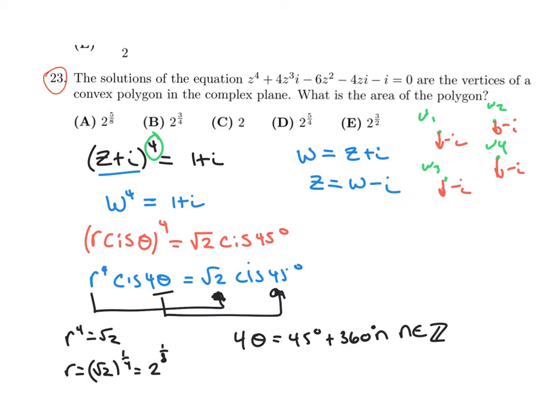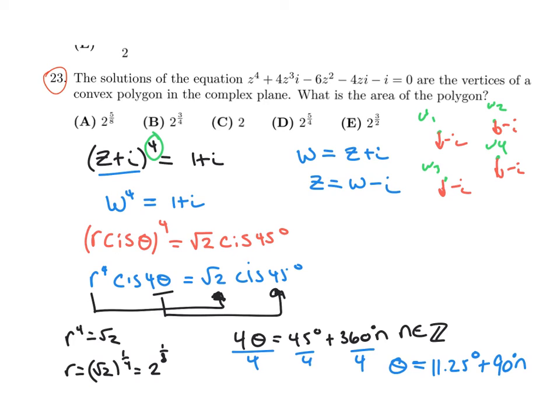Dividing by 4 tells us that theta is, I kind of wish I used radians, but it doesn't matter, 45 divided by 4, which is 11.25 degrees. And the distance between the answers is 90.